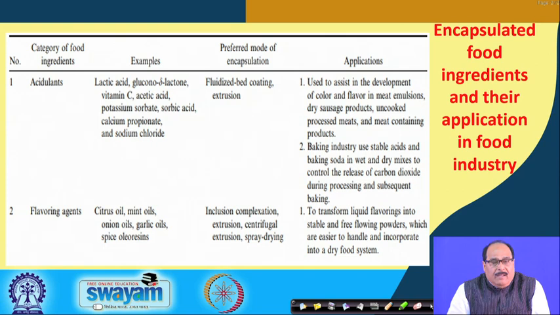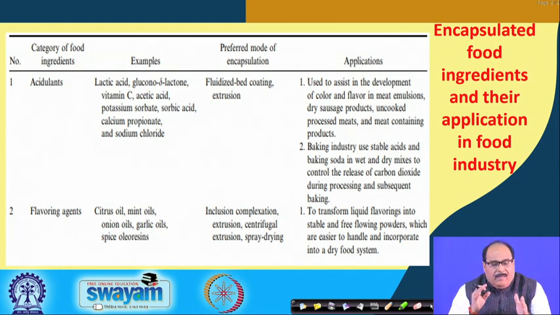For example, the preferred methods for encapsulation of acidulants like lactic acid, vitamin C, acetic acid or such other acidulants are fluidized wet coating or extrusion.